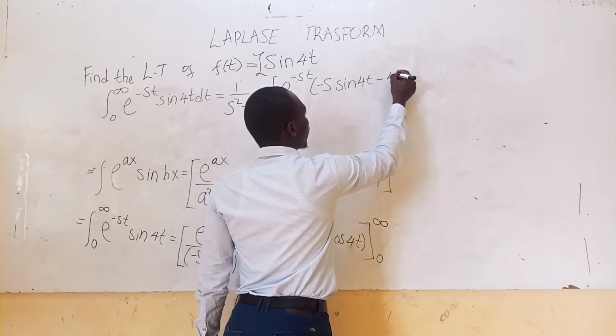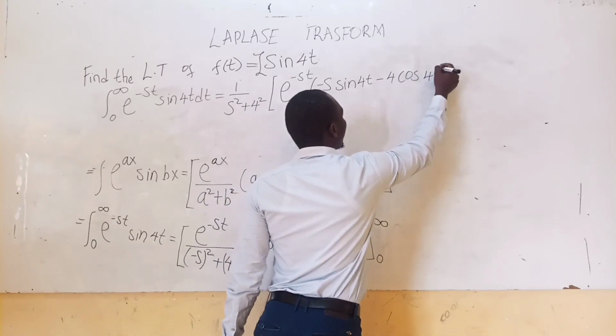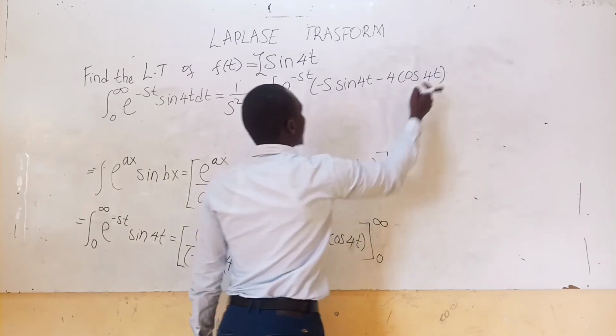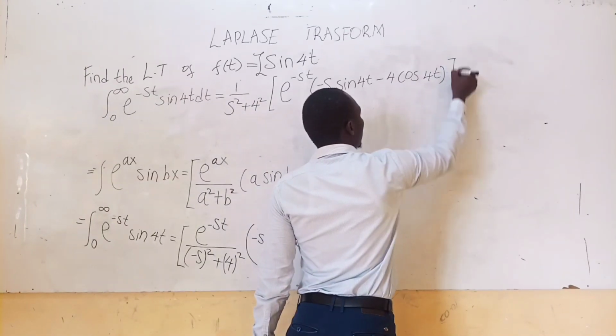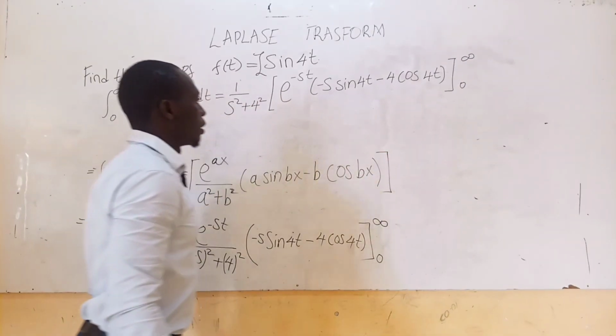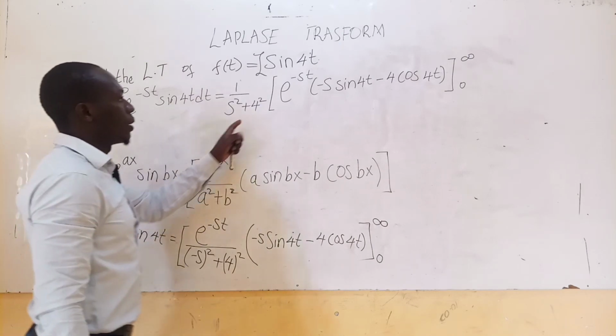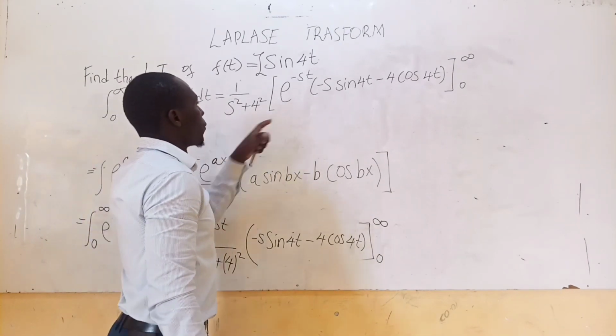We subtract 4 cos 4t, and our integration was with respect to our limits. Now we are going to solve what we have here.